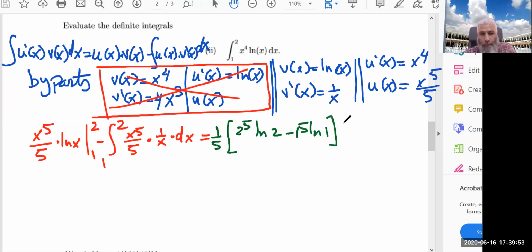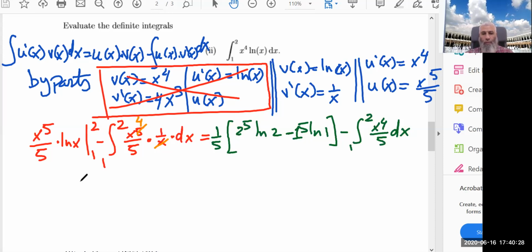Minus the integration from 1 to 2 of x power 5 over 5 times 1 over x. We simplify this x with this power, so this will be power 4.